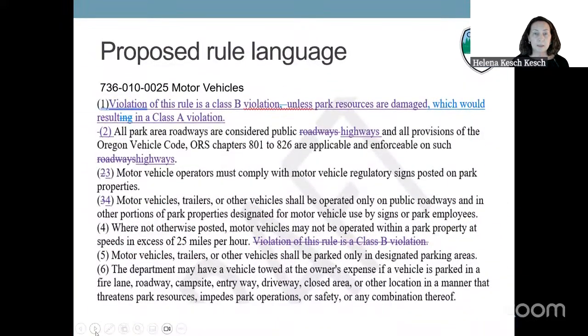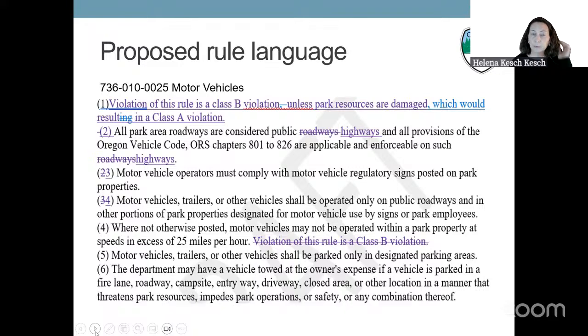Next section is 736-010-0025, motor vehicles. Number 1, violation of this rule is a Class B violation unless park resources are damaged, which would result in a Class A violation. Number 2, we changed the word from public roadway to highways.